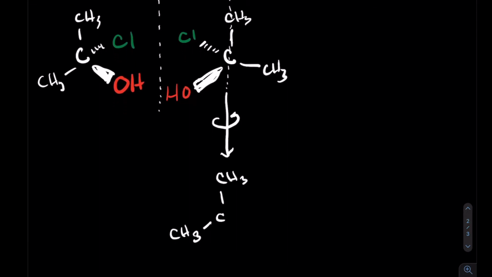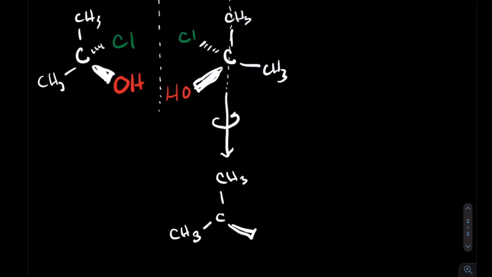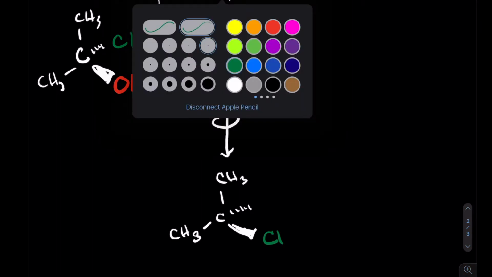All right. And now the Cl on this side, that's going to come over here and be in the front. So we'll just draw in our wedge and our dashes here. We're going to put the Cl out in front and the OH going in the back.